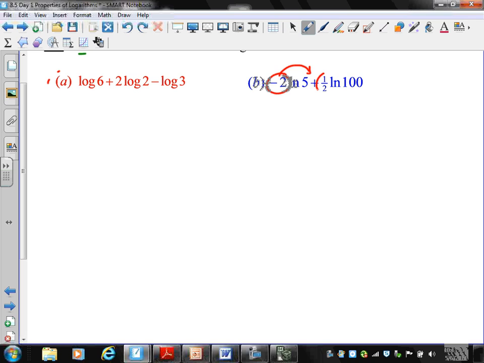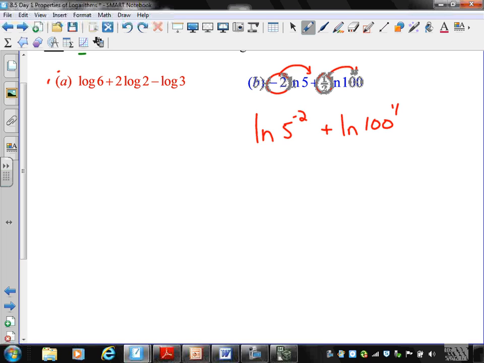So this first term is going to be the natural log of 5 to the negative 2. I'm going to leave it like that for now because I don't want to deal with the exponents yet. And that 1/2 is going to go in. I'm going to get the natural log of 100 to the half.